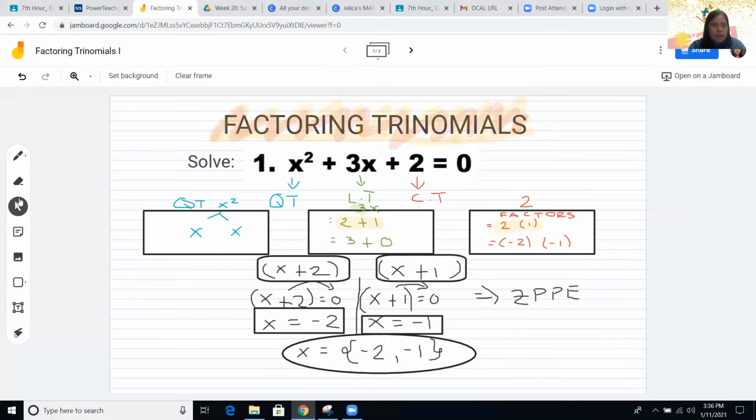Let us use the yellow one, which color I didn't use yet. So again, these are the factors of the trinomial. Let me just clarify this one. These are the factors of the trinomial, and these are the x-intercepts or zeros. They are written in a different format, but they are just the same. Okay, x-intercepts.